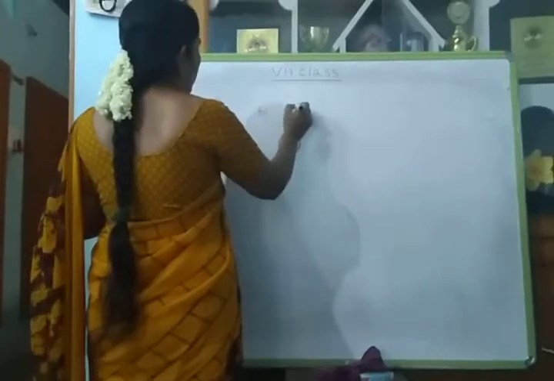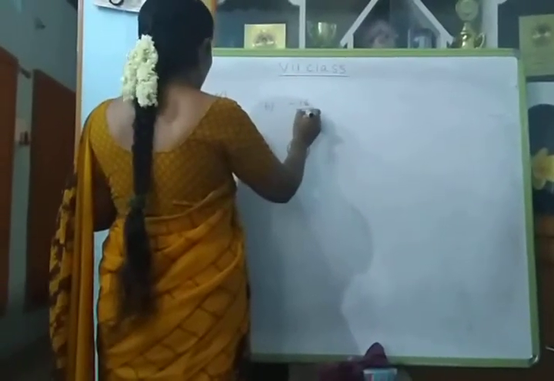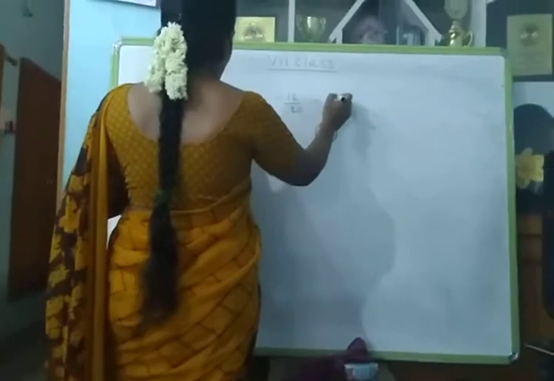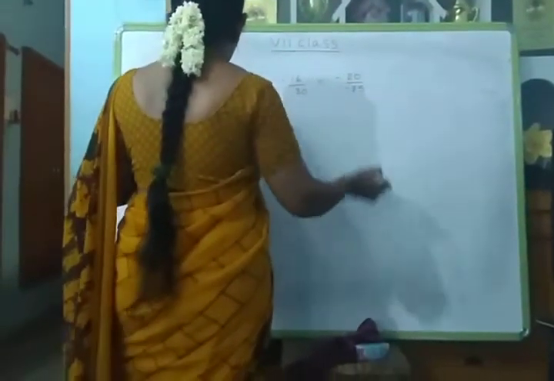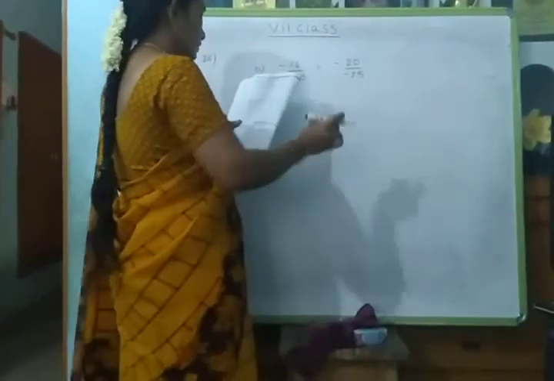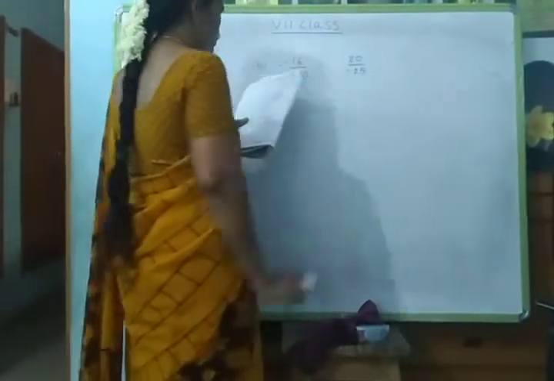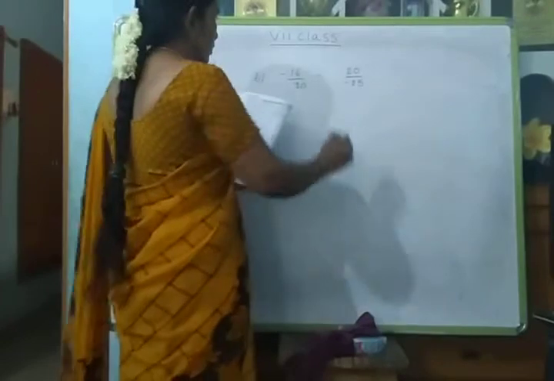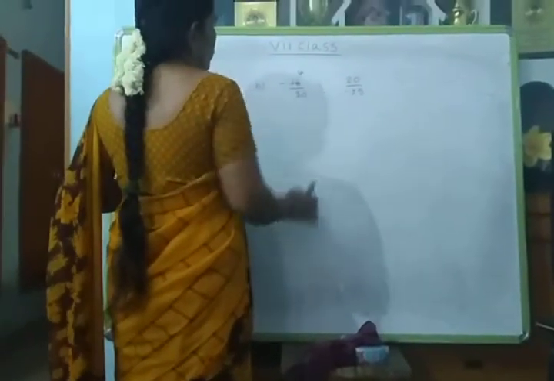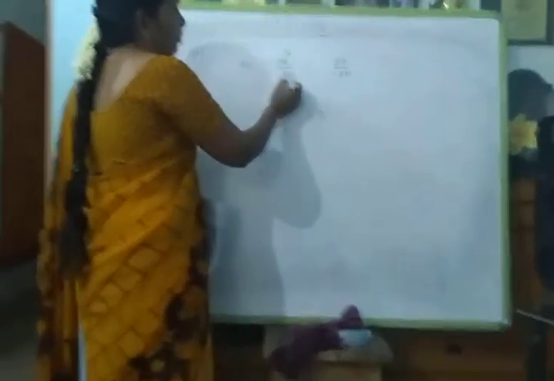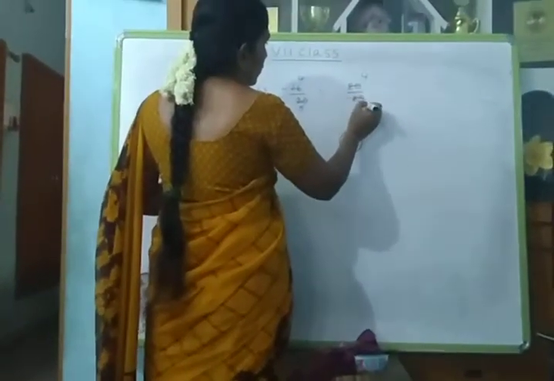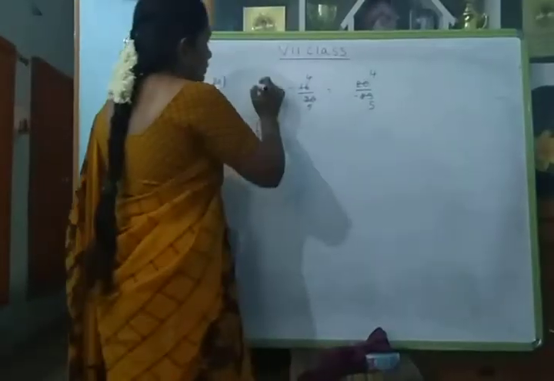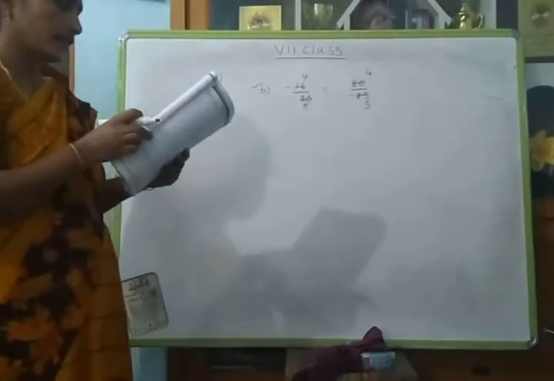Option B, minus 16 by 20, minus 20 by minus 25. Sorry, here the minus is in the numerator: 20 by minus 25. So here, the 4 table: 4 4s are how much? 16. 4 5s are 20. Here, the 5 table: 5 4s are 20, 5 5s are 25. So both are equal, no? So option B is correct.